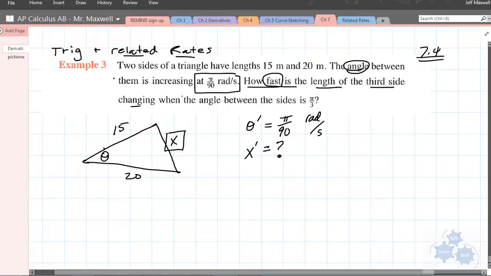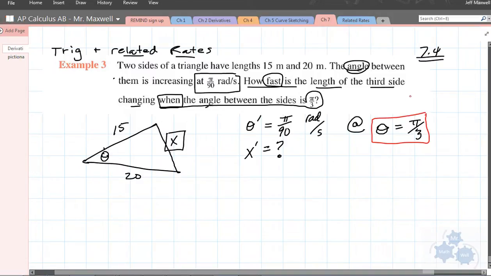We're going to finish off what's given here. The point in time that we're looking at is when this angle, theta, is pi over 3. So we're going to say at theta equaling pi over 3. Again, this is the instant. It's not a time, it's not seconds or minutes, but when the triangle has an angle of pi over 3 between these sides, that's the snapshot in time when we want to know how x is changing.